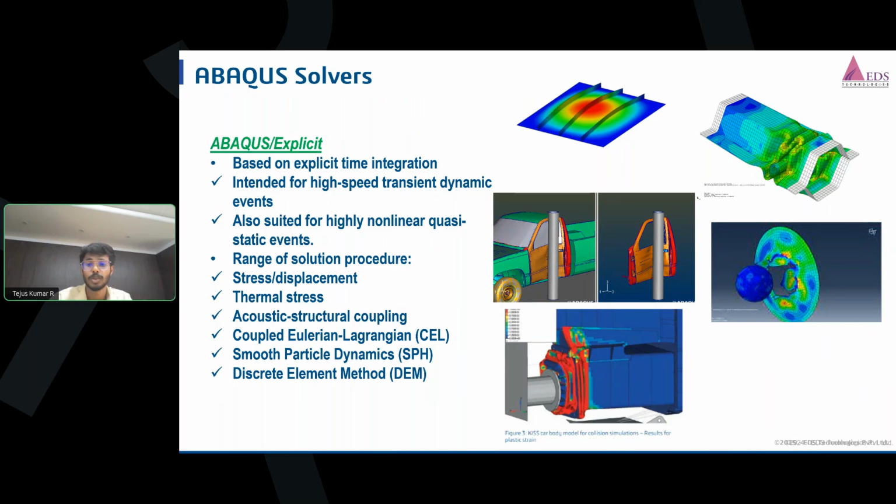The explicit solver enables engineers to simulate events that are extremely difficult or expensive to reproduce experimentally. We also have the CLSPH and DM techniques where fluids come into picture, so those things can be evaluated.